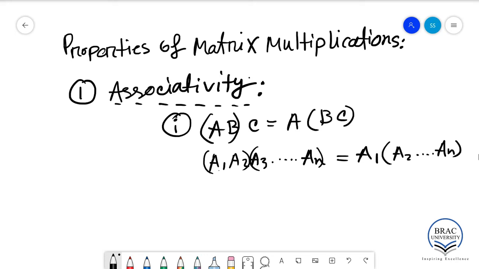So this is what associativity means, that these brackets don't matter.